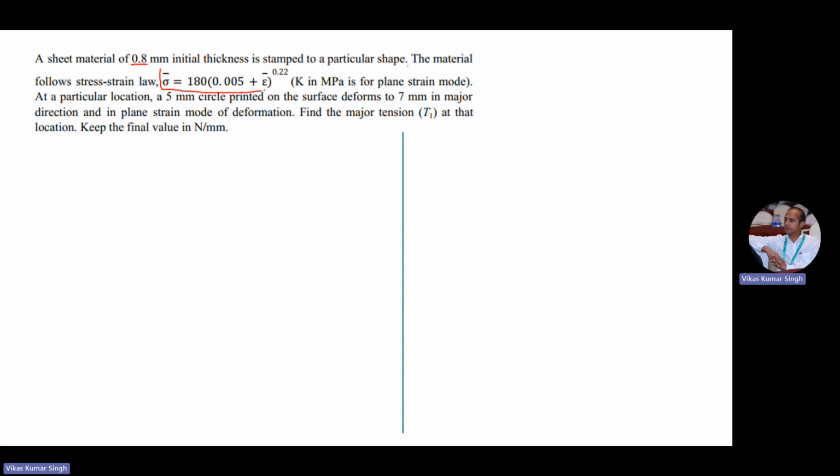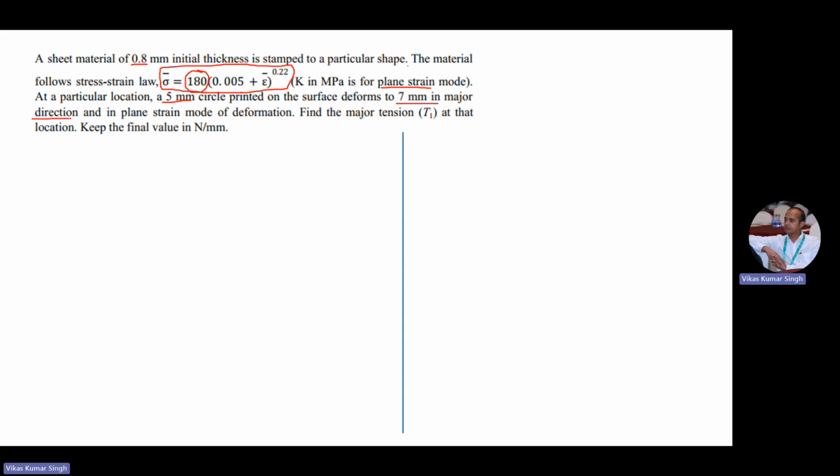So this is the formula which is being followed in this problem, and K is in MPa. So basically K is this value, as if you are following the course, you might know all this. For a plane strain mode, at a particular location, a 5 mm circle is printed somewhere on the sheet surface, deformed to 7 mm in the major direction.